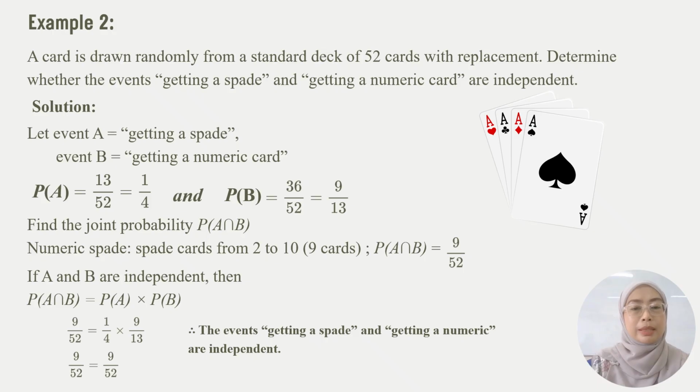Based on the previous slide on independent events, you must remember that for two events to be independent, the right-hand side and the left-hand side must be equal. So, the probability of A intersection B equals the probability of A times the probability of B, meaning that the events getting a spade and getting a numeric card are independent.